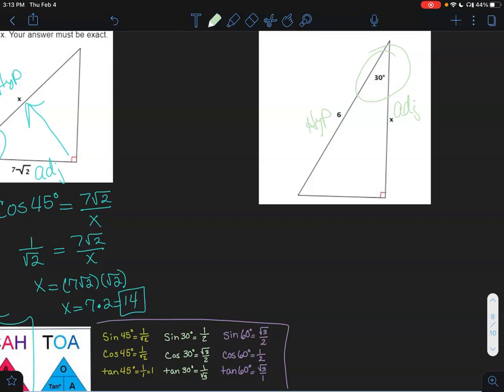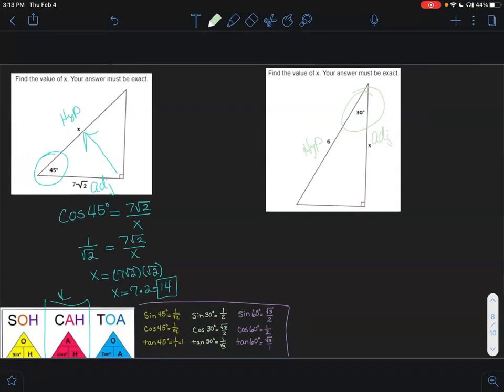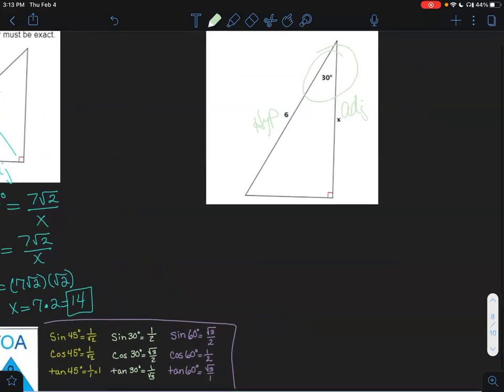And again, it's still an adjacent side with a hypotenuse, so we'll go ahead and use cosine. So again, the cosine of 30 degrees will be equal to the adjacent side, which is x, over the hypotenuse of 6. Our cosine value is square root of 3 over 2, equal to x over 6.